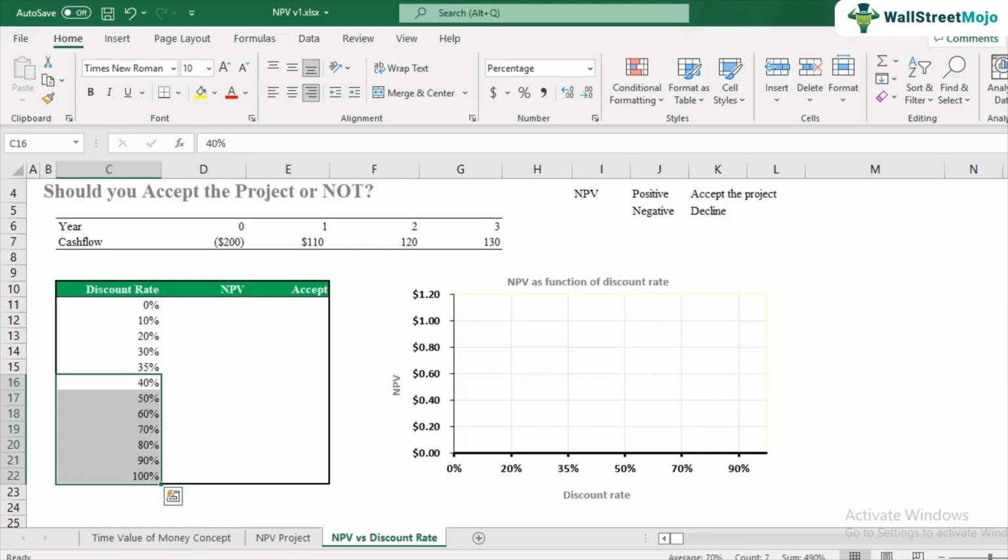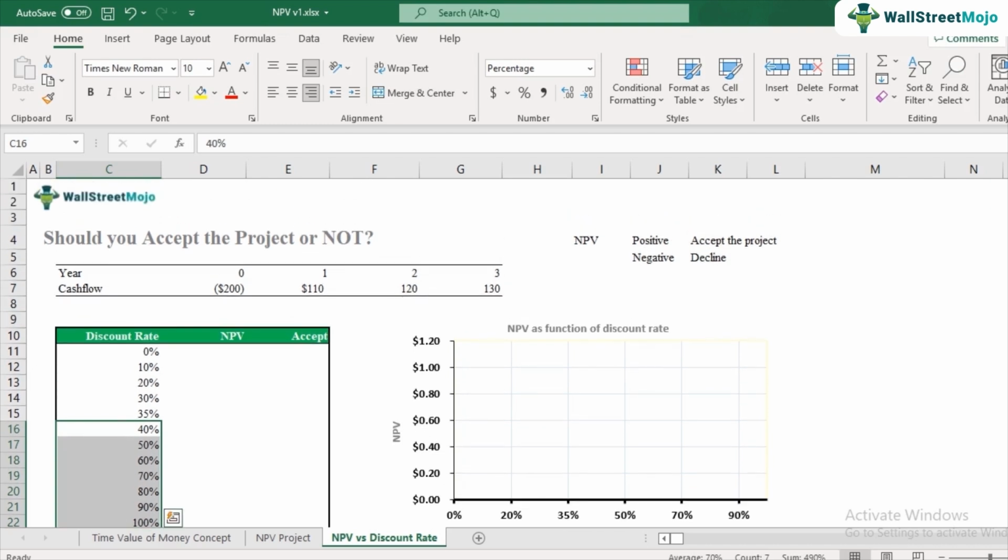All right. So we'll just look at this example here, and we'll find out an intuitive way of understanding what we are essentially trying to grasp through the inverse relationship of discount rate. But just intuitively understand here that discount rate is nothing but the rate of return which you are expecting from the project. And if you apply that rate of return and NPV is positive, that means, yes, you can expect the project to deliver positive cash flows and you need to accept the project. Okay. Now that's how it works.